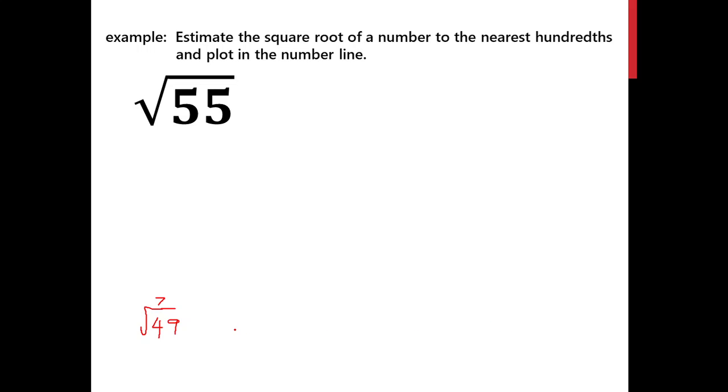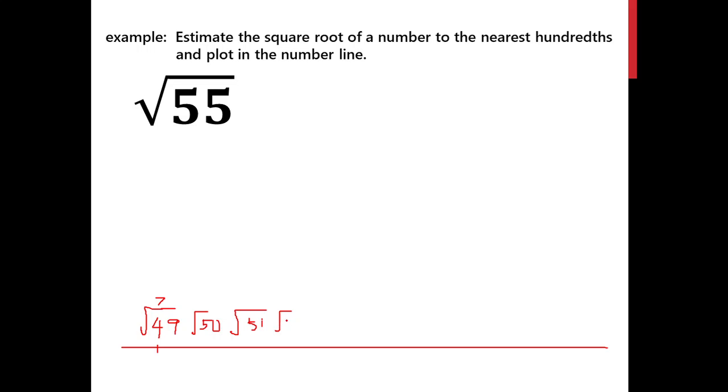So I will just go ahead and write this one on the number line here. So that is 49, 50. This is a bit congested. So 51, 52. My next square is 64, right?